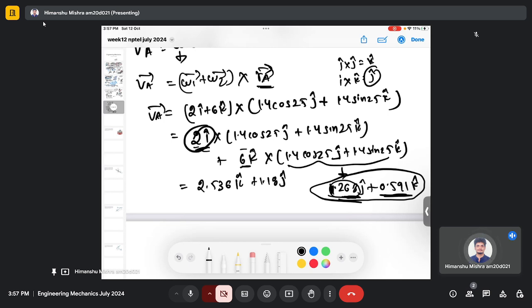Similarly, 6k multiplied by this one shall give you 7.59 magnitude, and k into j will be in the i direction, and 6k into 0.591k, so k into k will be 0.